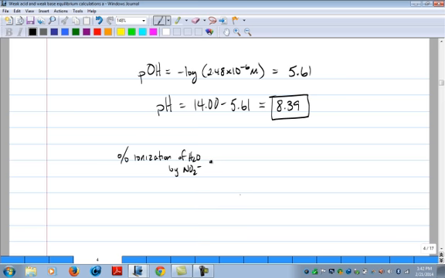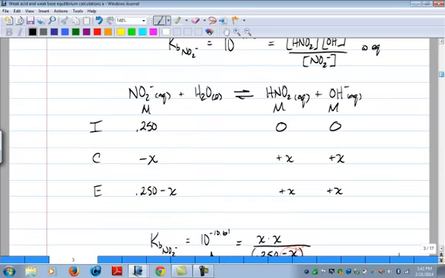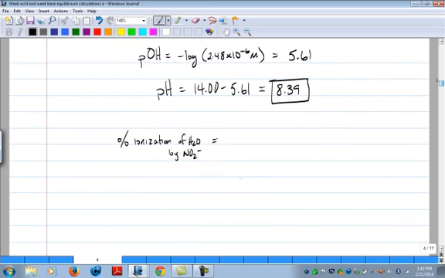At this concentration, we'll just take the concentration of either product. We'll use hydroxide at equilibrium relative to the initial concentration of nitrite. That's the part over whole. And changing that to a percent, we just multiply by 100 and put on the symbol.